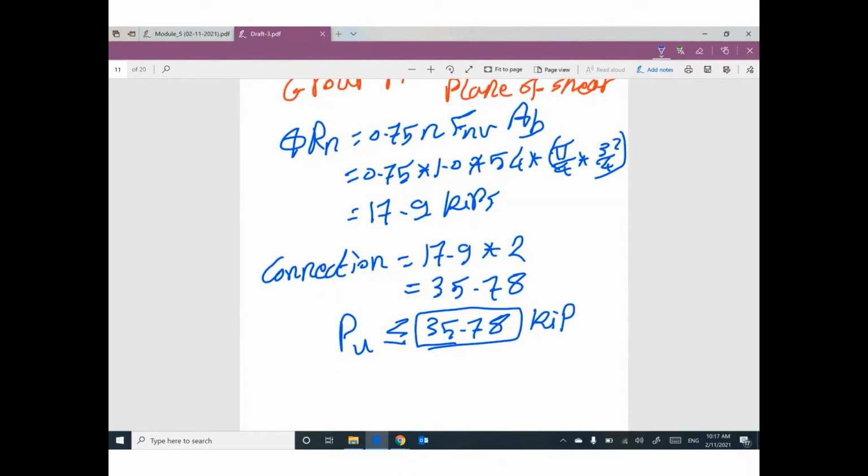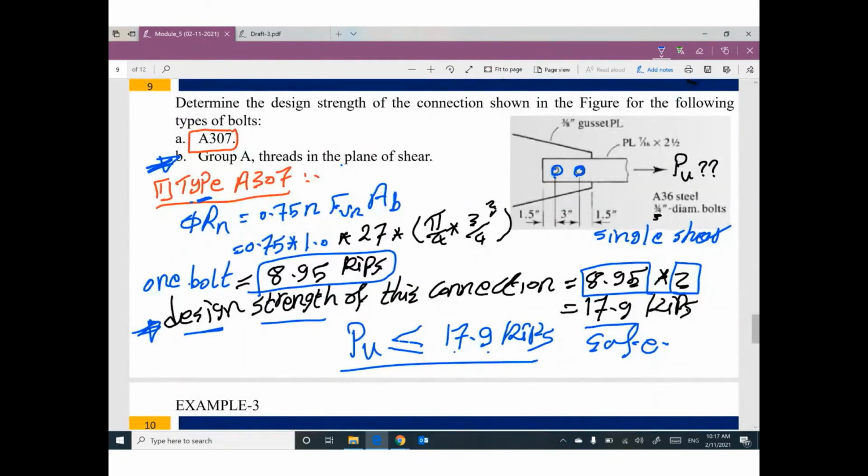So I'm trying to give you different solutions. If you have an issue with a connection and it's not safe, you need to do something. You can keep everything the same, the number of bolts the same, the diameter the same. The only change I made was the type of bolts.